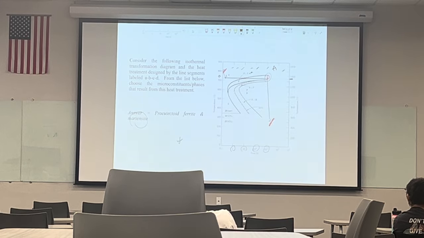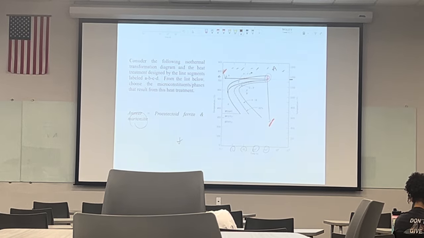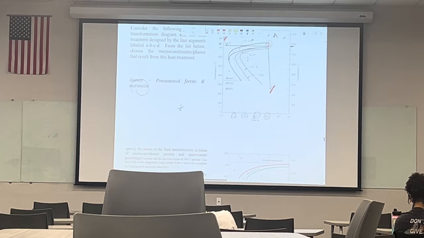We have pro-eutectoid ferrite and martensite here, but we cannot tell the percentage of these two. Okay, now it makes sense. I thought we had to find the percentages as well, but we don't have to, because we are not able to find those percentages with this diagram. So this is fine actually.